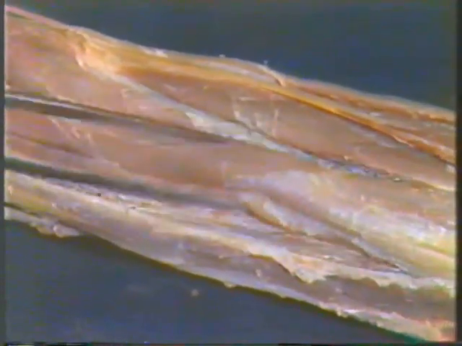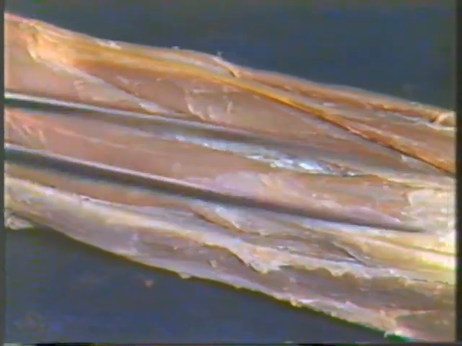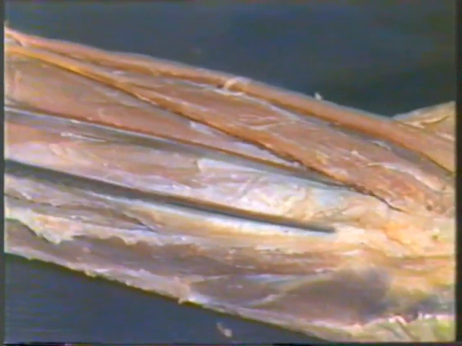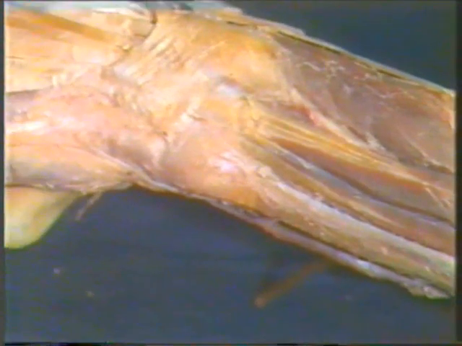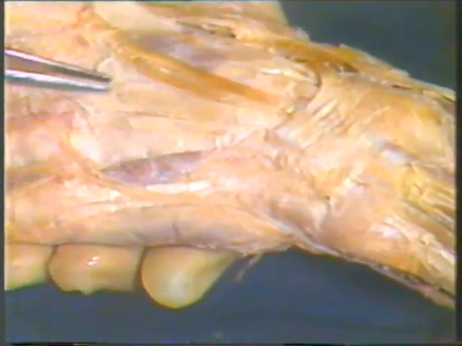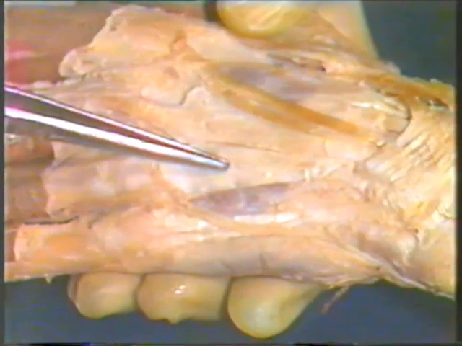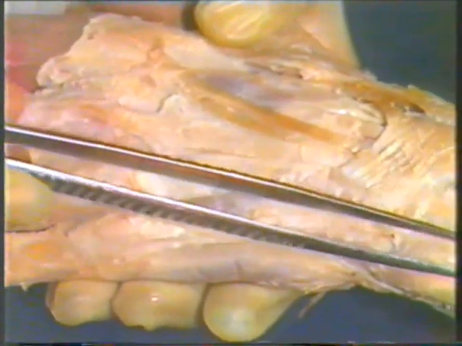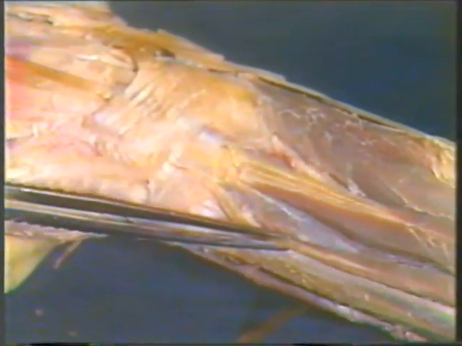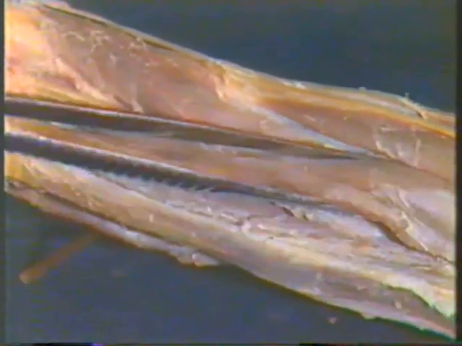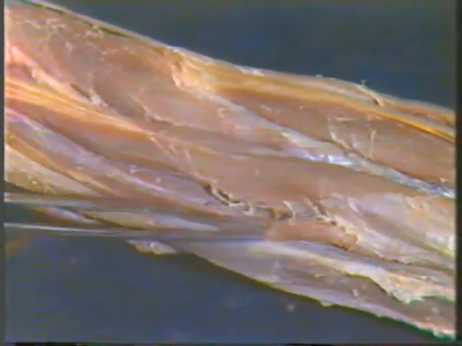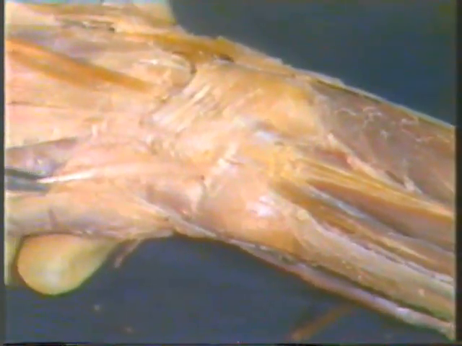It arises from the common extensor origin, and its four tendons pass to the medial four fingers. The extensor digiti minimi appears to be a part of the extensor digitorum muscle, and its tendon goes to the little finger.